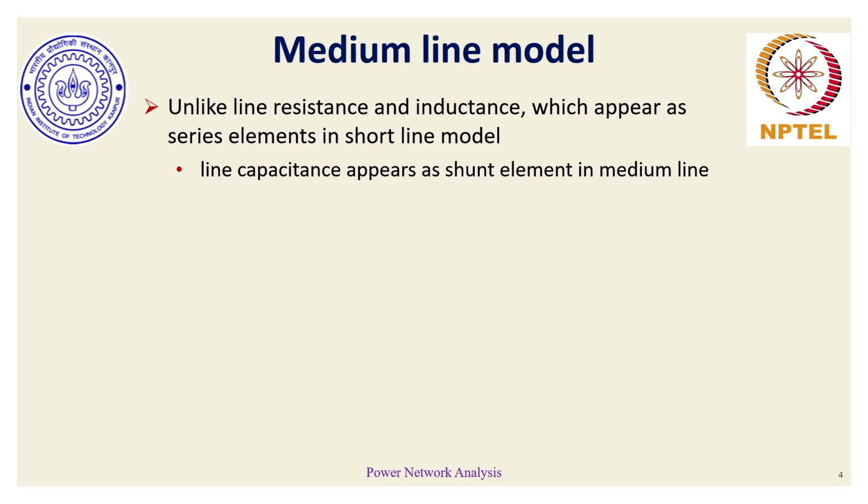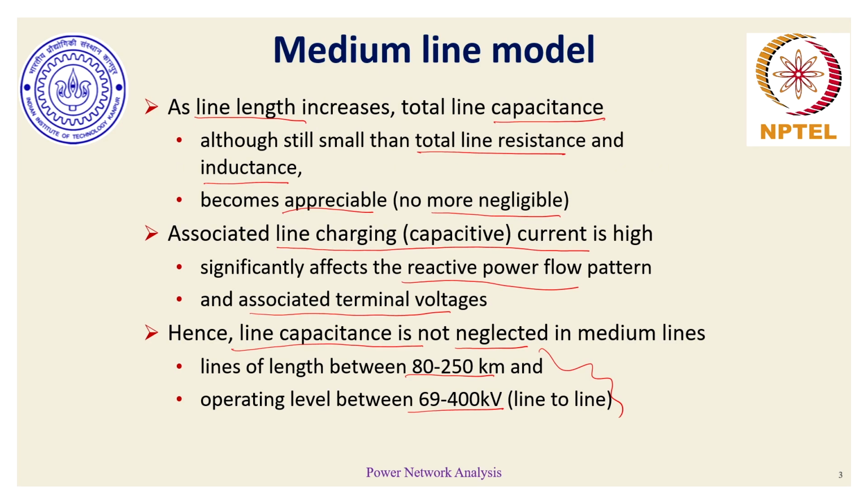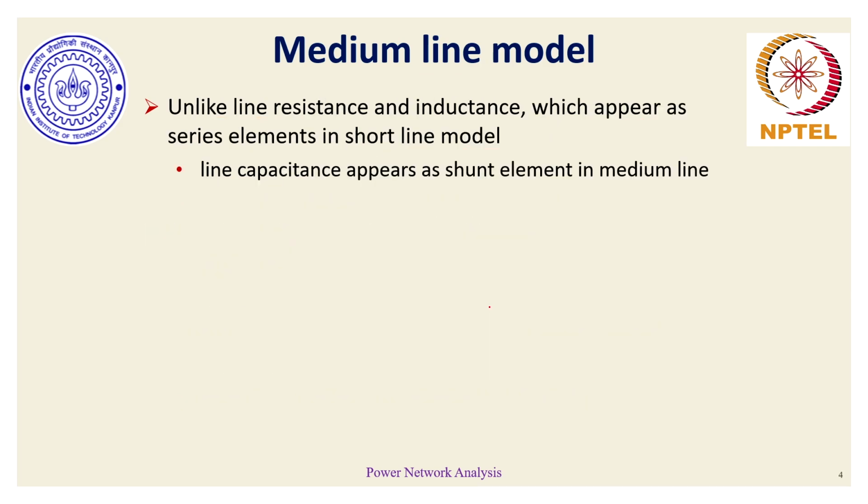So there's a difference in how line capacitance has to be considered, because it is no more negligible. If it has to be considered, then its representation is going to be a little different, because generally line capacitance is treated as a shunt element, while line resistance and inductance appear as series elements in the short line model.